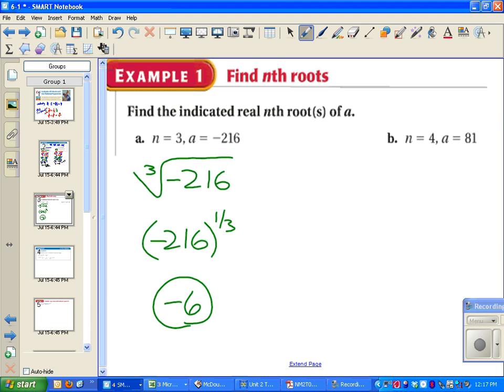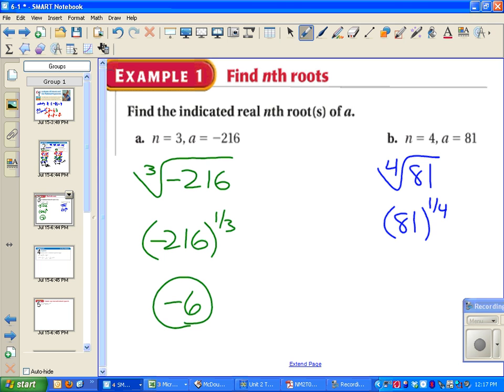One real root. Right? For example B, this would be the fourth root of 81. We could also put it as 81 to the 1/4 power. Those are equivalent. And then, so we're looking for basically a number times itself 4 times that multiplies to 81.